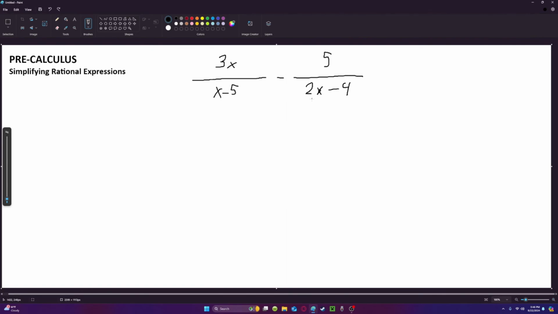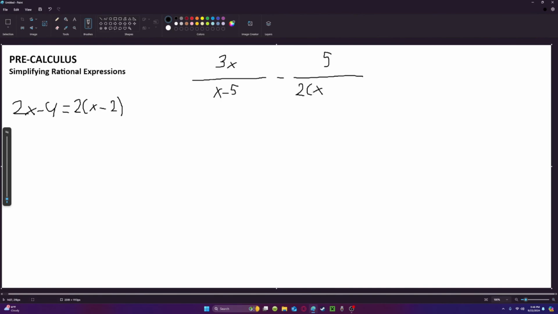So first of all, let's just simplify 2x minus 4. Okay, so 2x minus 4 is equal to 2 times x minus 2. Let's just keep it like that. So now I'm just going to erase this and make it so that it agrees with our thing.